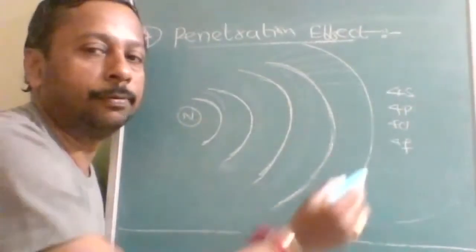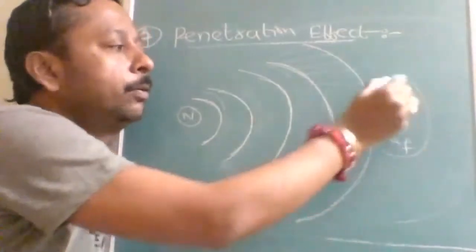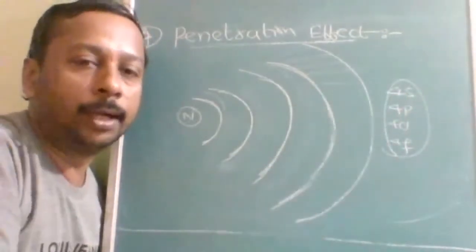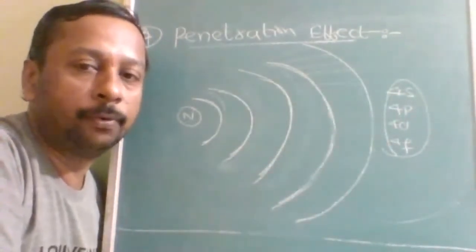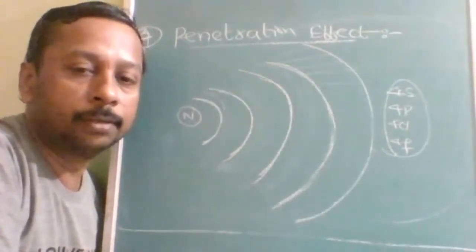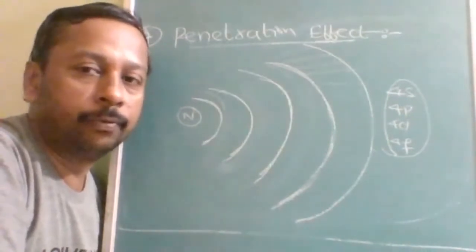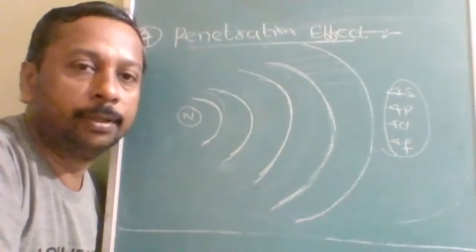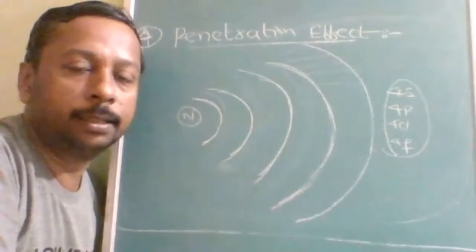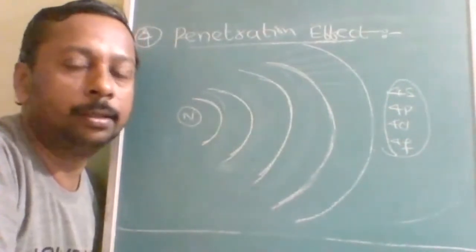Okay. Just for namesake, they are staying together. When you ask 4p, they will say, I am in the fourth energy level. When you ask 4f also, they will say, I am in the fourth energy level. And when you ask 4s also, they will say, I am in the fourth energy level. But practically speaking, they are not together. Okay.